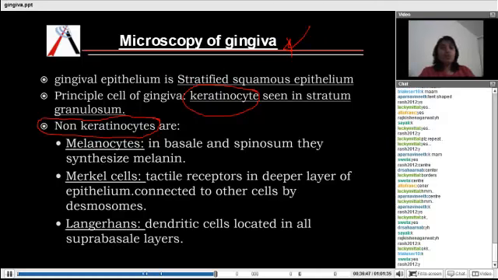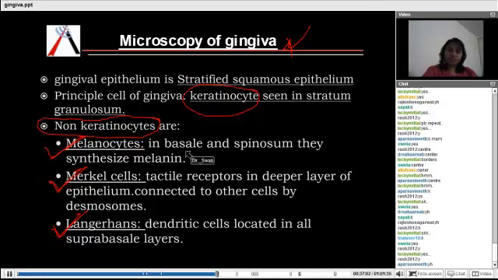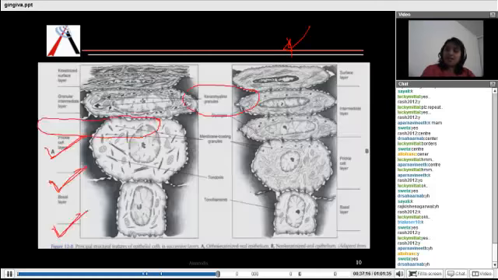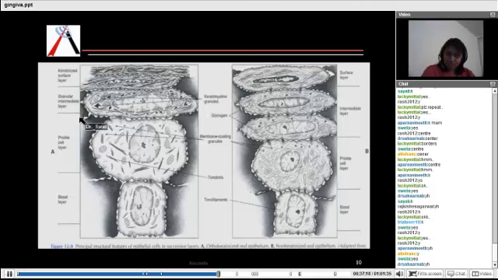In a stratified epithelium, we will have cells arranged in layers. A keratinized epithelium will have layers like the basal layer, which is the one sitting on the basement membrane.